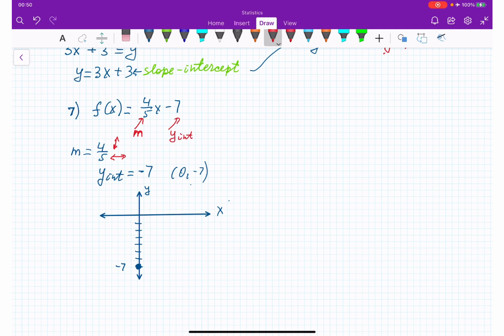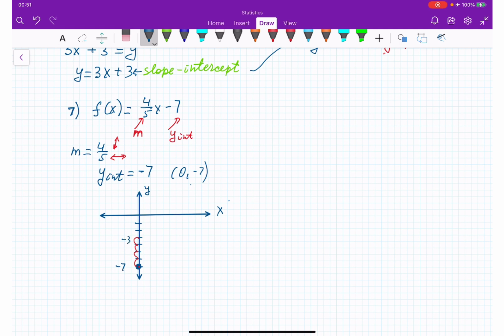Since both of them are positive, it's very easy to figure out. So I'm going to go up by 4 from this y-intercept. So if I go up by 4, 1, 2, 3, 4, I came here. So guess what number it is going to be? Negative 7 plus 4. We got negative 3.